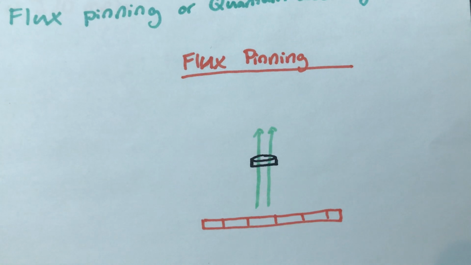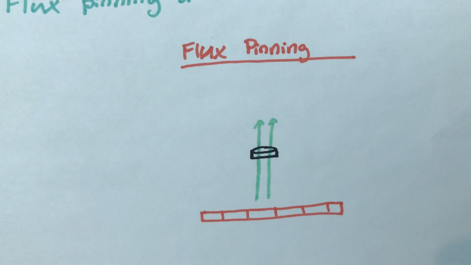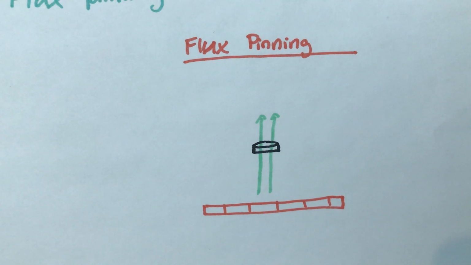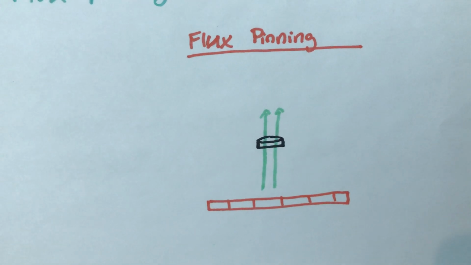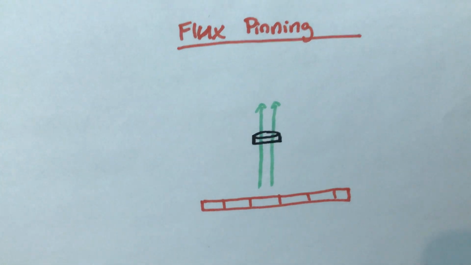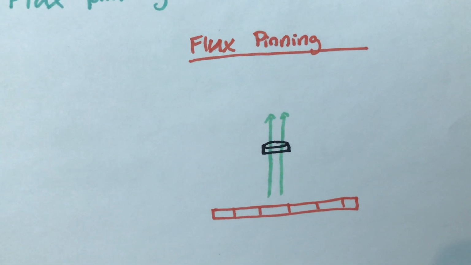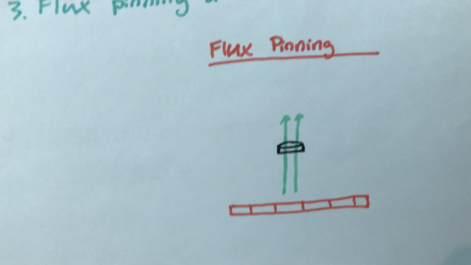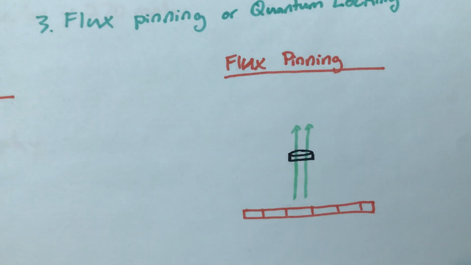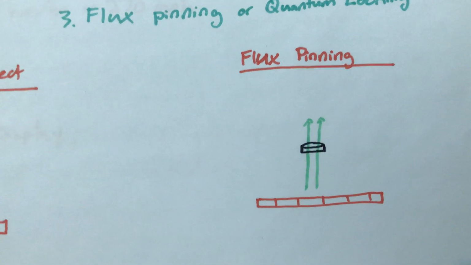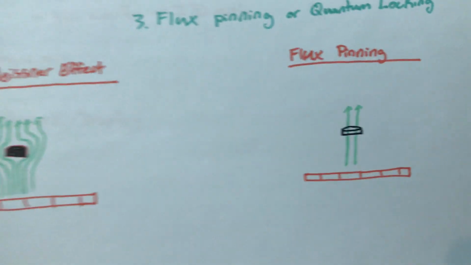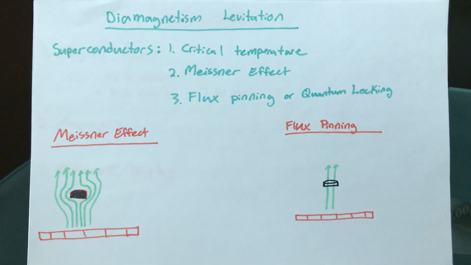Basically, there are imperfections in the material which allow the magnetic field to go through the superconductor, and they actually get trapped within the superconductor, locking it or pinning it in place. There's a really cool video I will introduce you to at the end of this presentation, and it's a really great demonstration of flux pinning and superconductors.